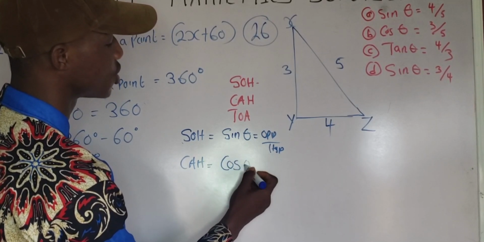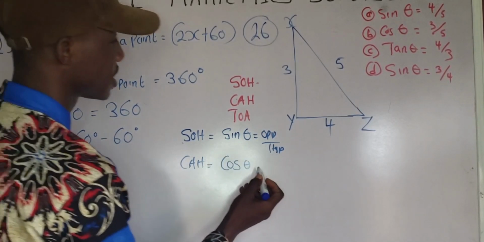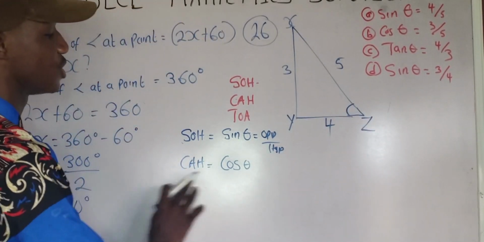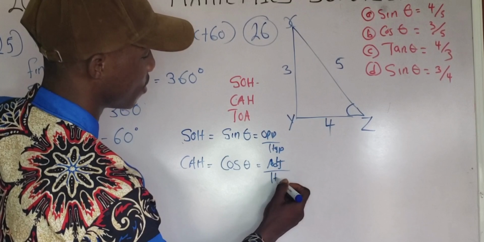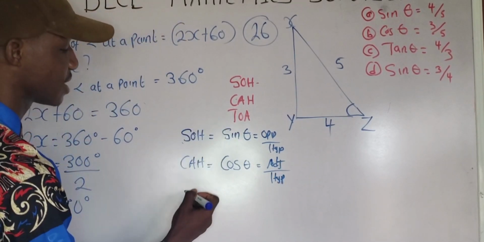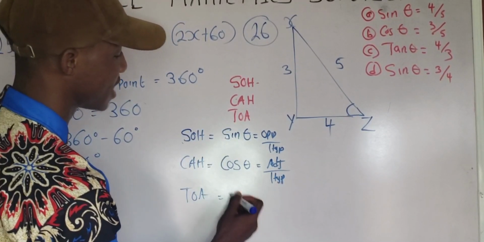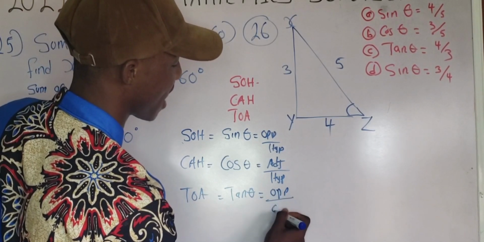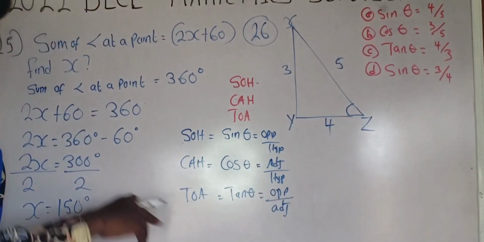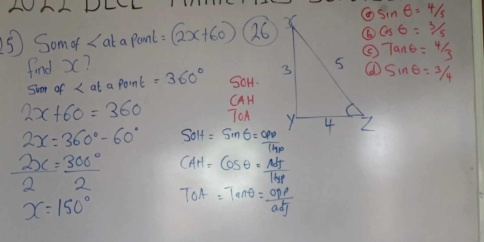We shorten it to cos. Cos theta is equal to adjacent all over hypotenuse. And we have the last one, which is TOA. TOA means tan theta. Tan theta is equal to opposite all over adjacent. With the help of this mnemonic device, you can determine the option that is correct.